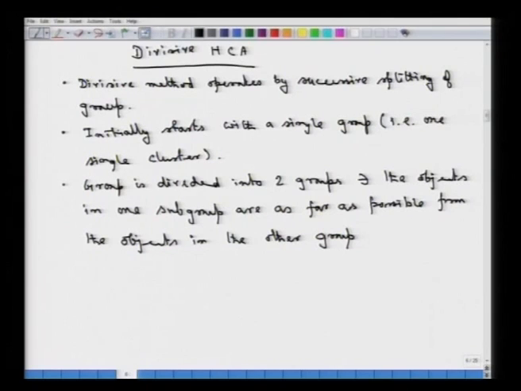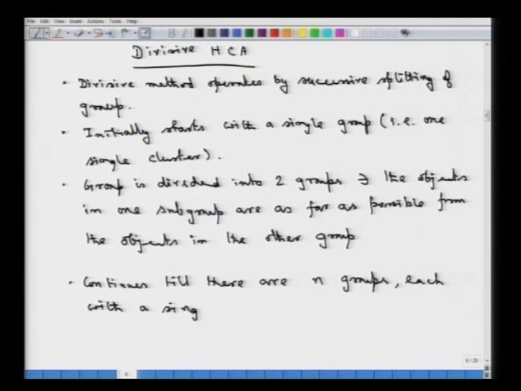So, this process is going to be continued till we have all the objects in individual clusters, continues till there are n groups of objects, each with a single object. So, that is basically the type of approach that is followed in a divisive hierarchical cluster analysis method.